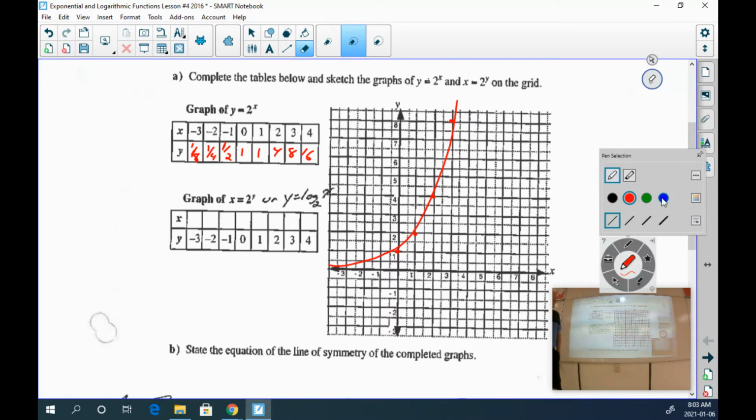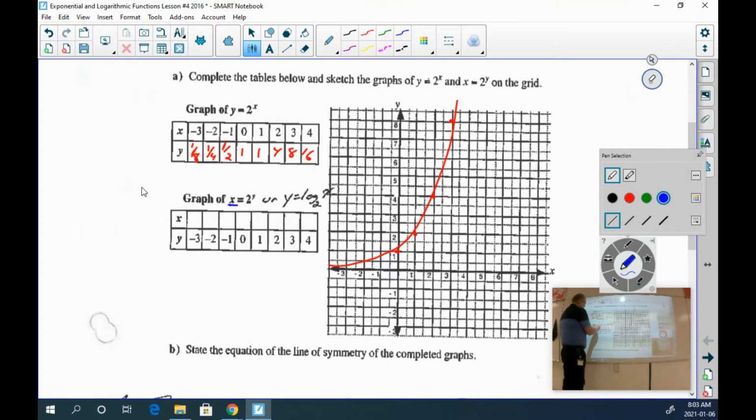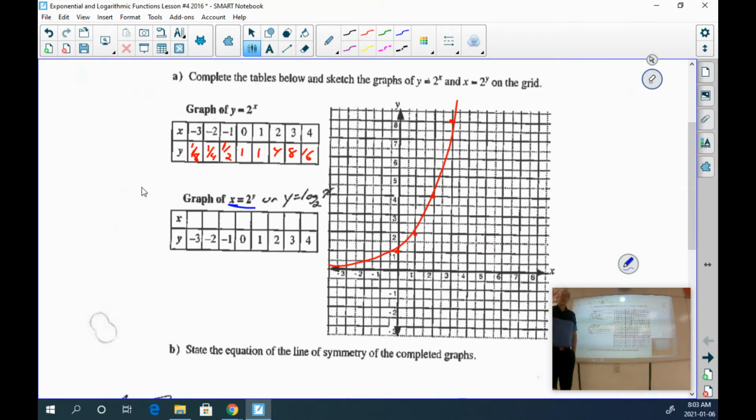Now, if I interchange, I want to graph x is equal to 2 to the power of y. That's our inverse. We've interchanged our x and y values. So we're going to do the same thing. We're basically going to interchange the x and the y values from above.